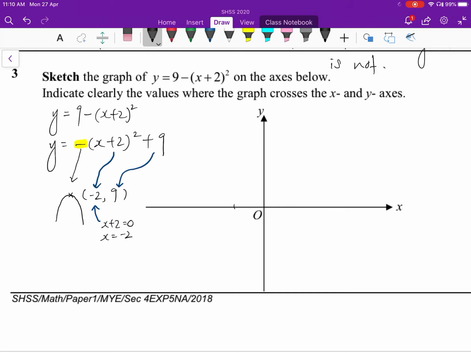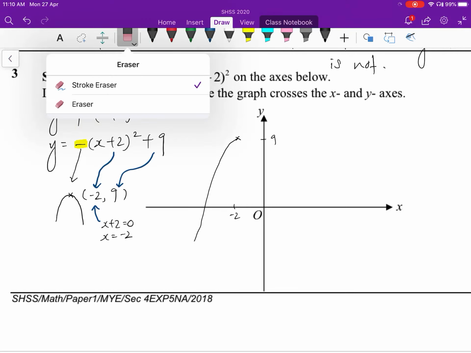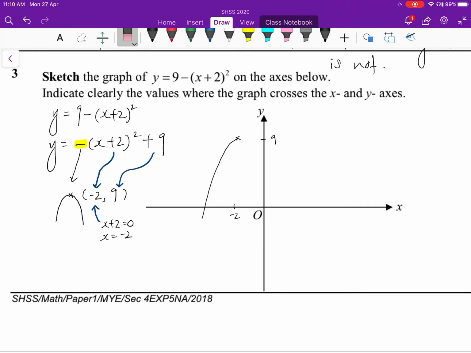So I'm going to draw minus 2 here, and 9 is probably here. That is my maximum point, and it is a sad face. I'm going to amend this a little bit because it's not supposed to look like this. It's supposed to be, yeah.